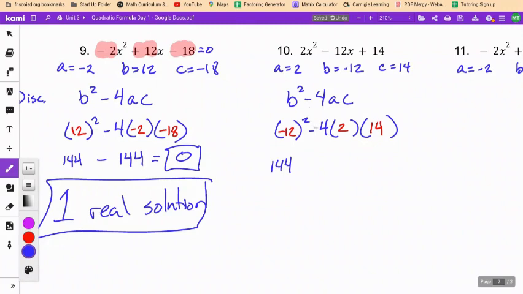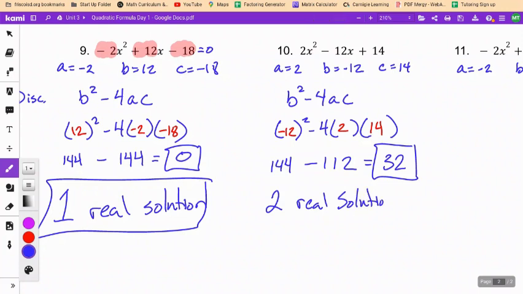And then I did negative 4 times 2 times 14. That gave me negative 112. So now I have 144 minus 112, and that equaled a positive 32. A positive number means 2 real solutions or roots or x-intercepts.